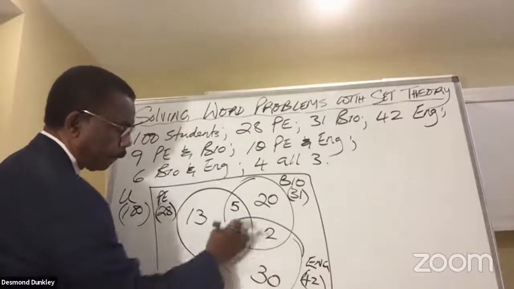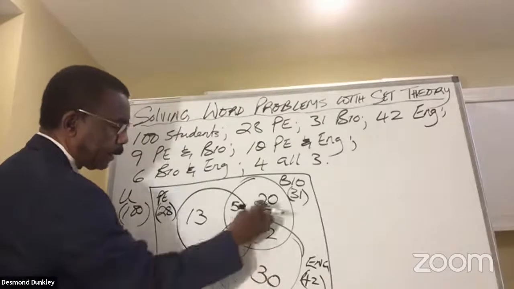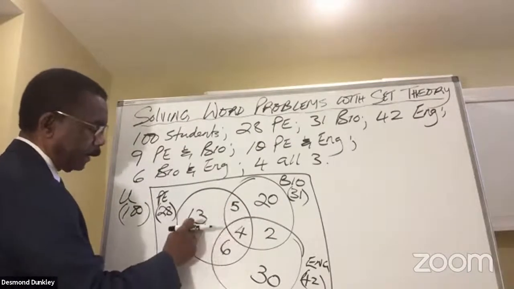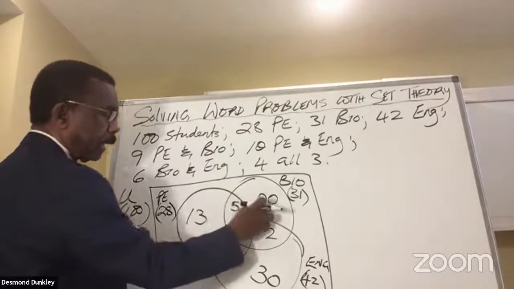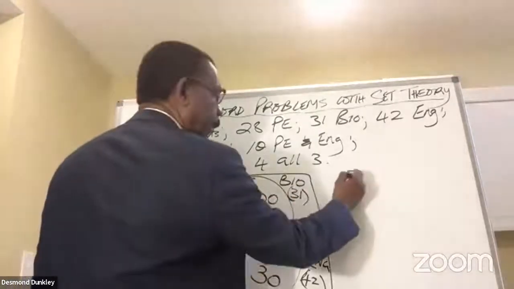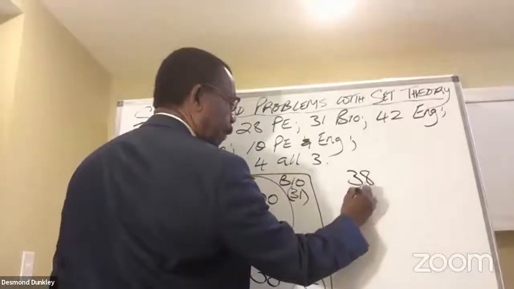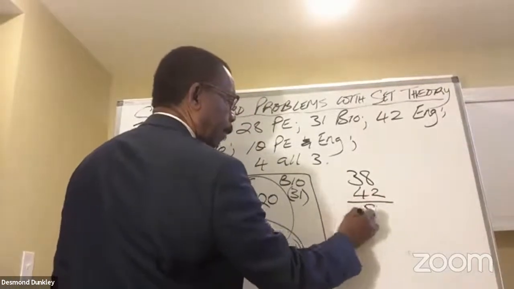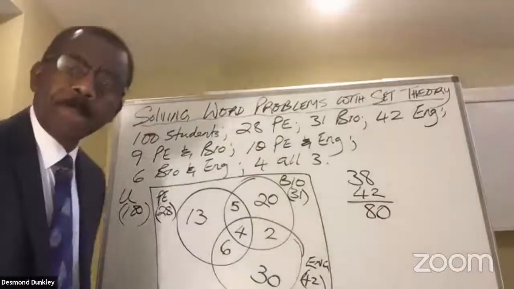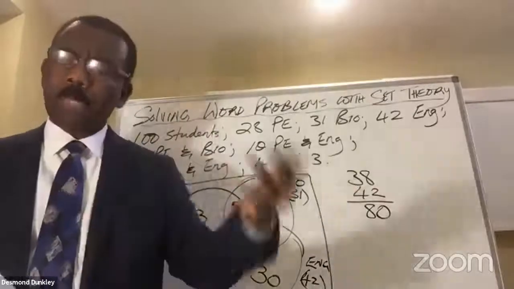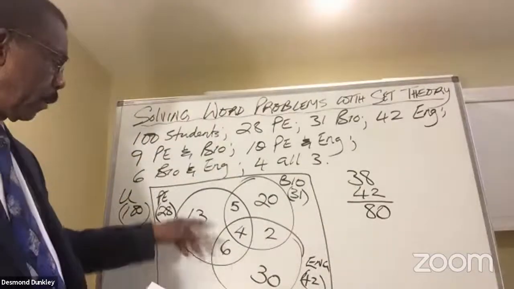42. And the only thing that's left is this, and this. So let's go. 5 and 13 is 18, and 20 is 38. And this is 42. So therefore, we have 80 people who took 1, 2, or 3 of these subjects.